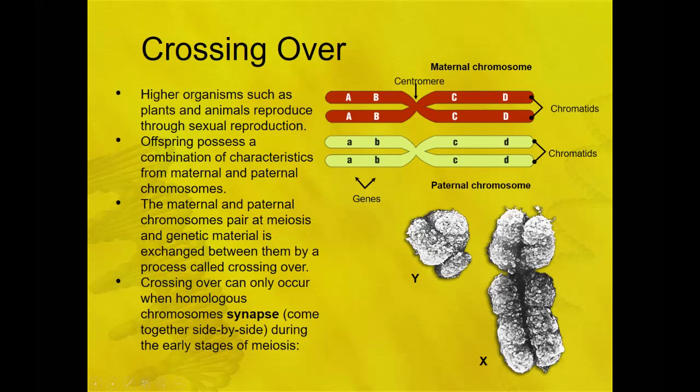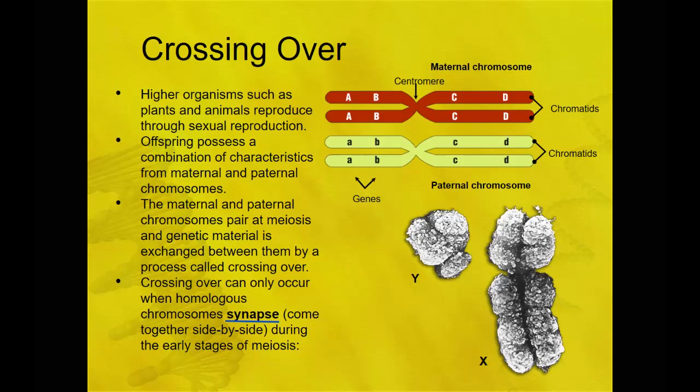And so lining up side by side like this is what's known as synapse. Let's highlight that really quickly. This term right here, synapse. Synapse is the position of them lining up side by side.